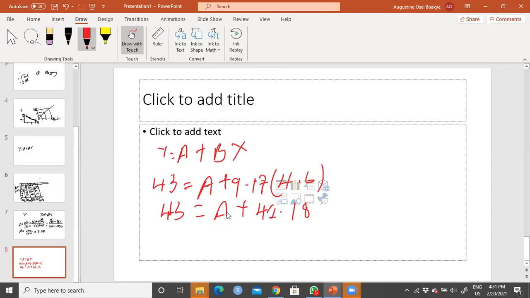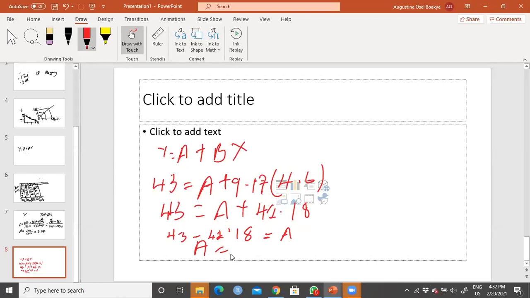So we maintain A over here and move 42.18 and subtract it from 43. It becomes 43 minus 42.18 is equal to A. Please do the subtraction for me.